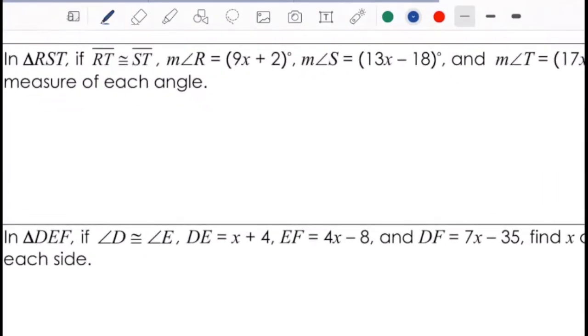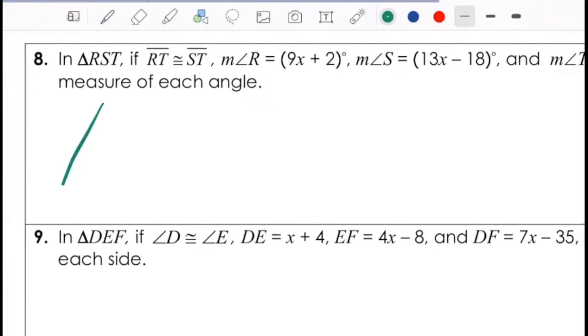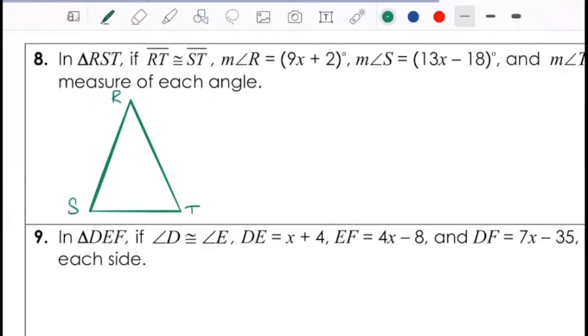So again, our biggest advantage here is we need to draw this out, because even as smart as I know each and every one of you are, sometimes being able to see doesn't really work. And maybe one of these times I'll draw an isosceles triangle. That's pretty close. So we're going to label our corners, our vertices, RST.